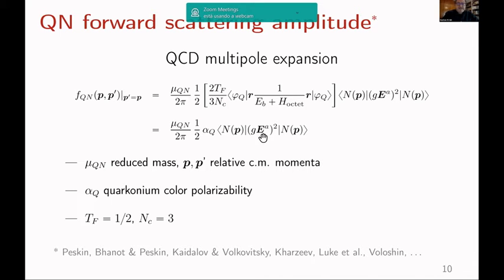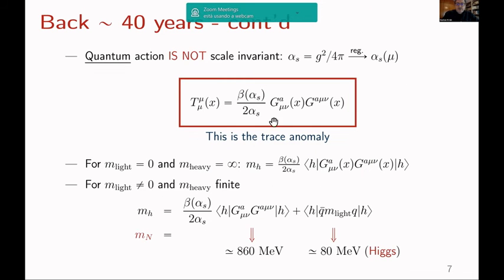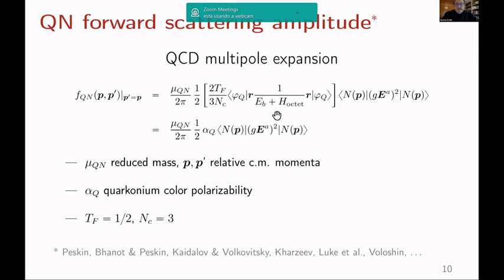It's not exactly the matrix element that we have here, but I will show the argument for saying that this matrix element is essentially given by this one.